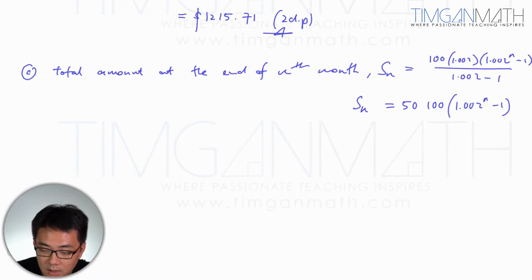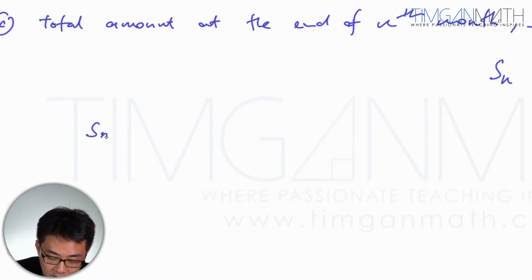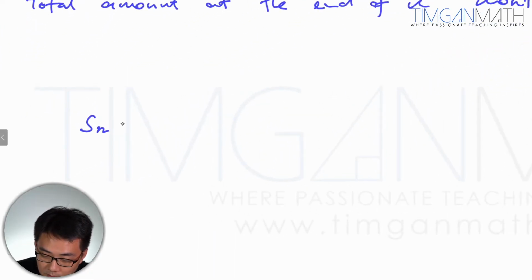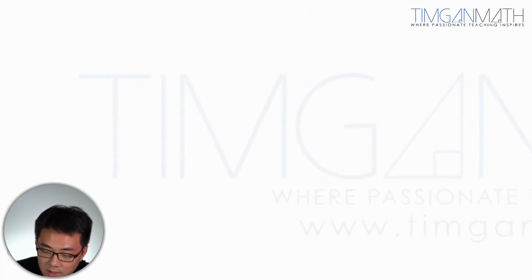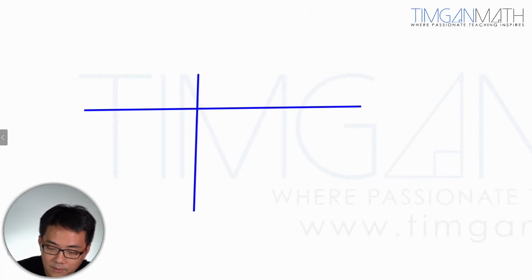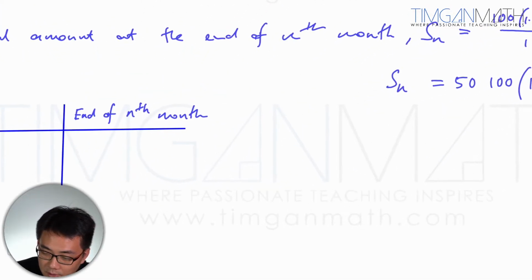So this is interesting. We actually need to find Sn. So this is what I'm thinking. At end of n month, it would be this amount, which is actually 50,100 times 1.002 to the power of n minus 1.